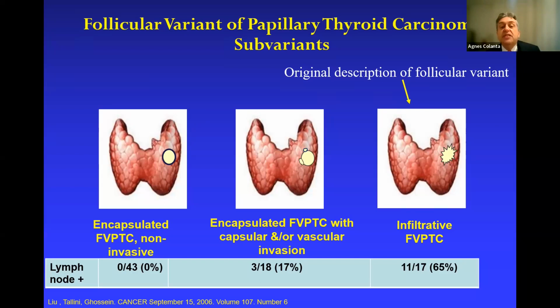And this is what Dr. Ghossein described in 1977. The other one, the encapsulated follicular variant, has very little lymph node metastasis. Those with capsular and/or vascular invasion have only 17%, and those who are non-invasive, in that study, have 0% lymph node metastasis.